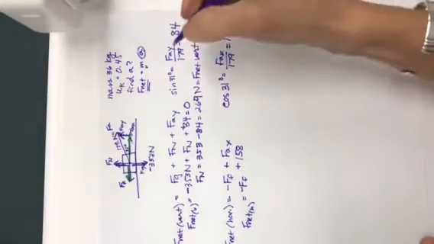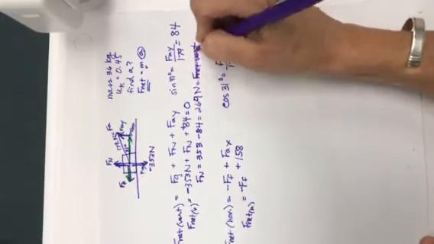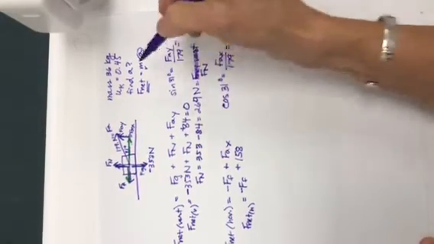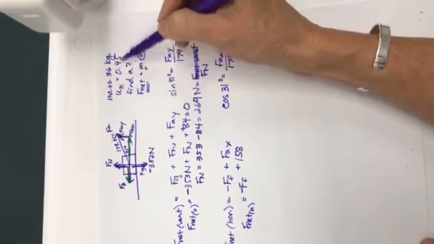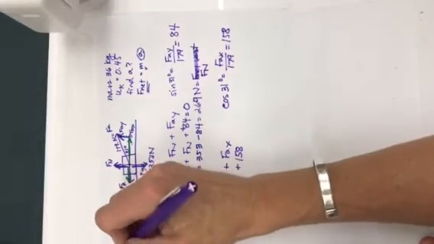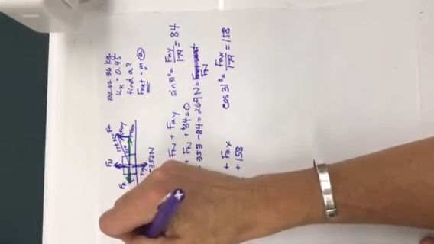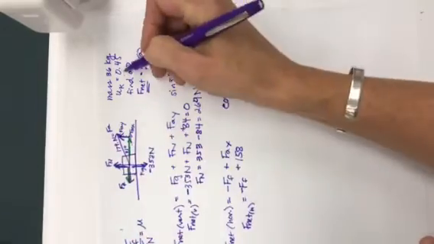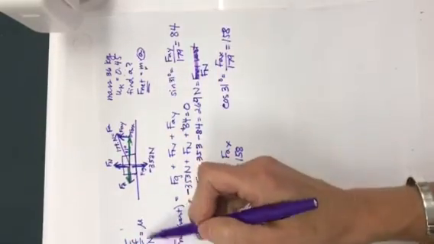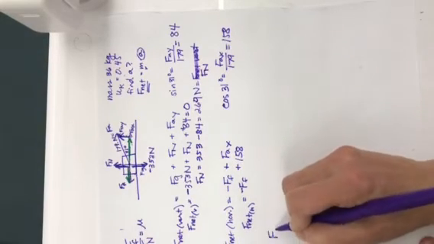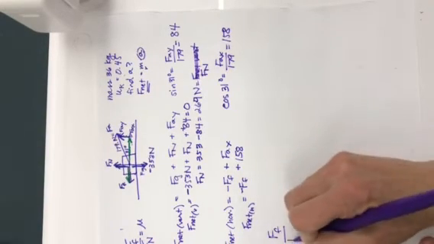For my F_N. And that's a big deal because going back here, I have the coefficient of friction. From what we just did, the force of friction divided by my F_N is going to give me that number. So now I have these two and I can figure out that force of friction.